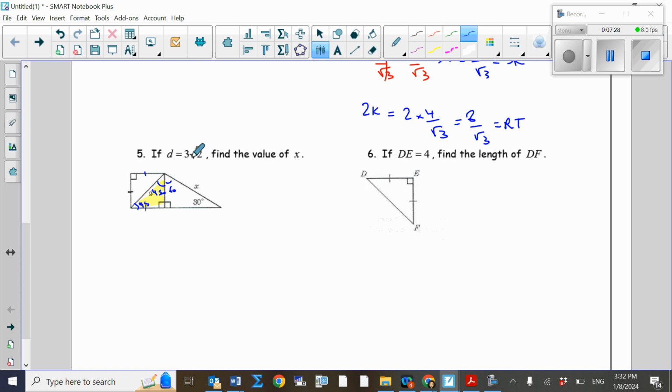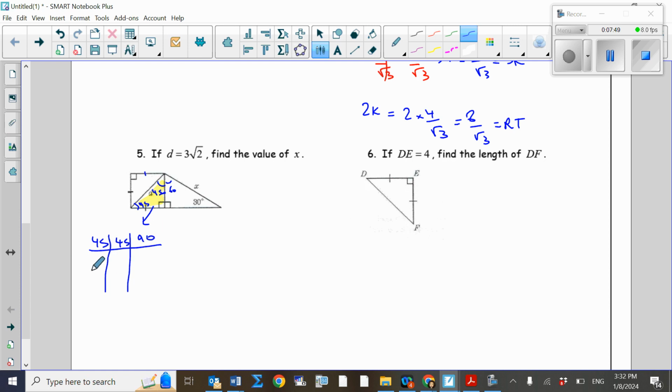Okay. Now, what do I have? I have d equal to 3 root 2. That's the diagonal of this square, which is also the hypotenuse of this triangle. The triangle is 45, 45, 90.